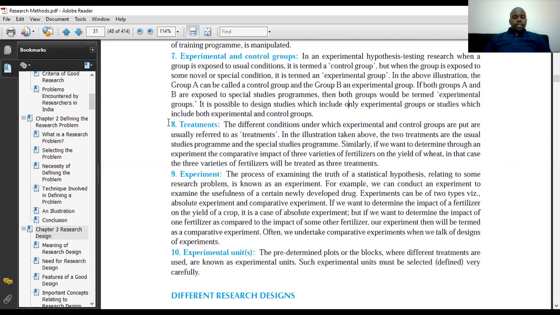Now, what is a treatment? The different conditions under which experimental and control groups are put are usually referred to as treatments. So if 400 degrees Celsius is for control, and then you have three others being liquefied in other burning chambers, like 250, this one in chamber B is being burnt at 250 degrees Celsius.